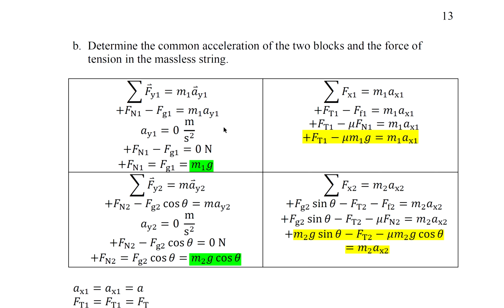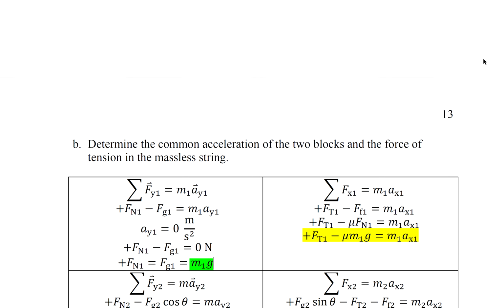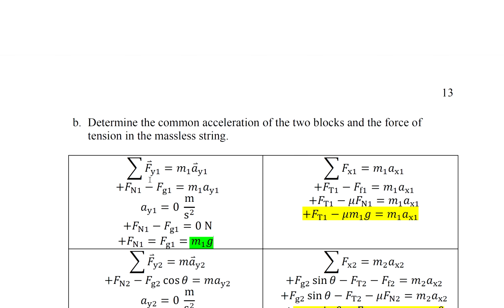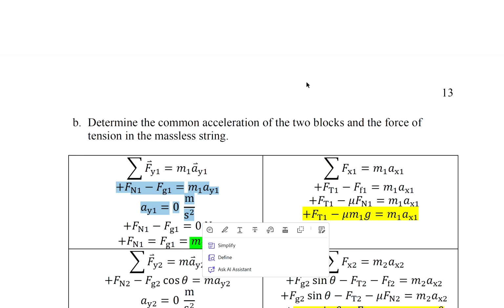So you could see what I did here on the top left. I use sigma F sub y equals m sub 1 a sub y for object 1, which is the one that's on the horizontal surface. So plus force of normal minus force of gravity equals 0 here, because acceleration is 0.